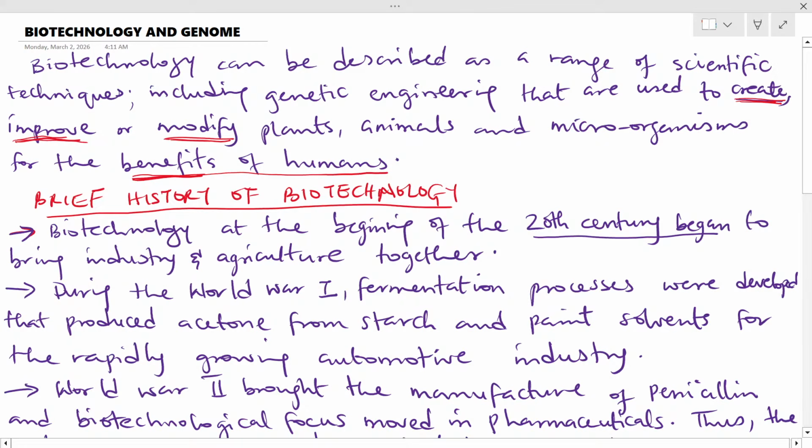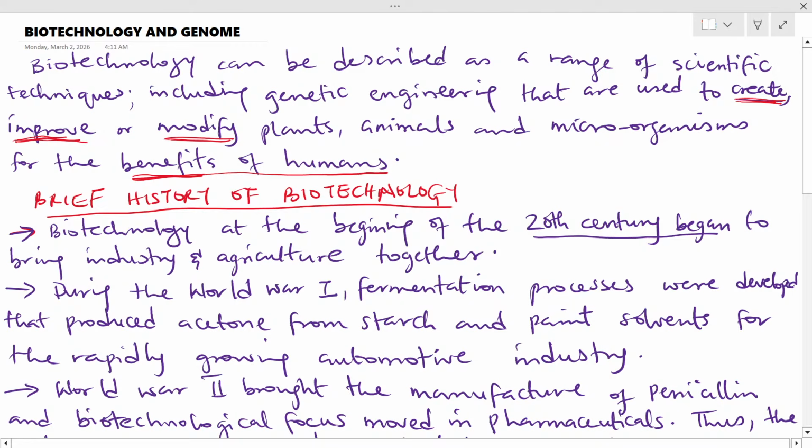As we move right along, you'll see that genetic engineering is in phases, and it has different aspects: genetic splicing, genetic modification, and all of that embedded in it.